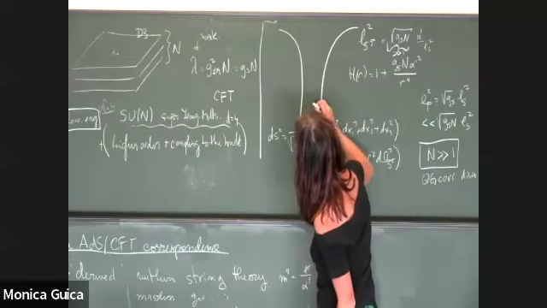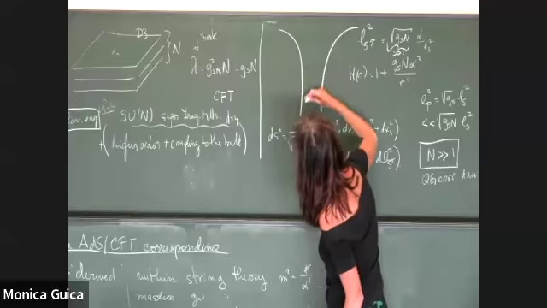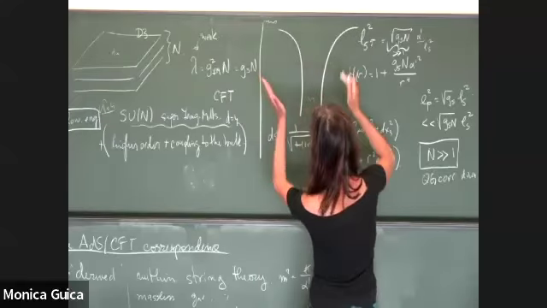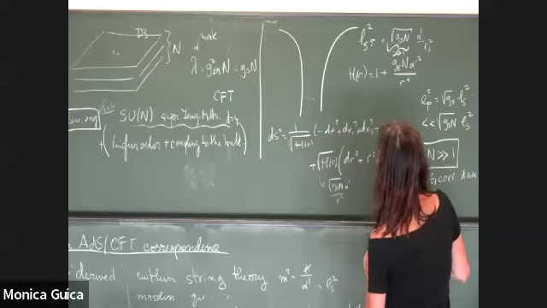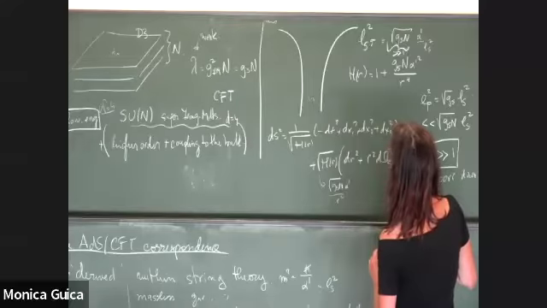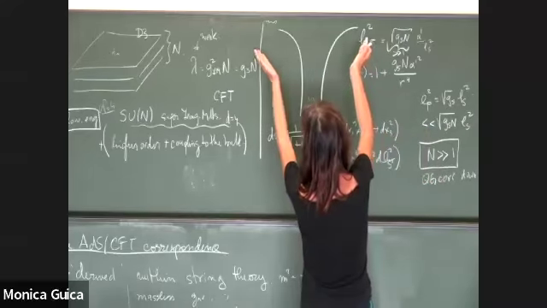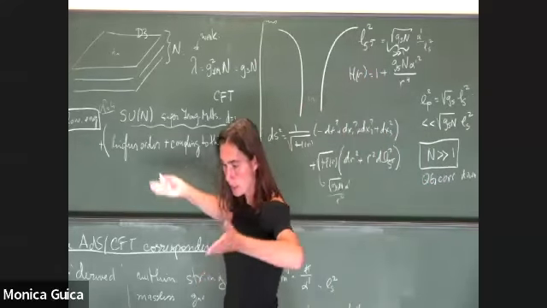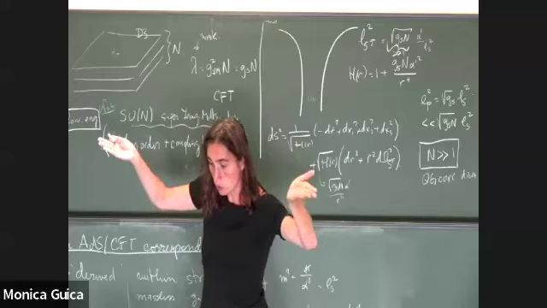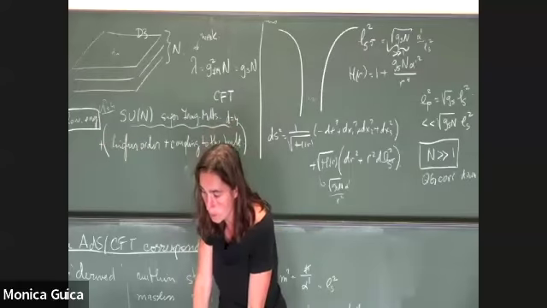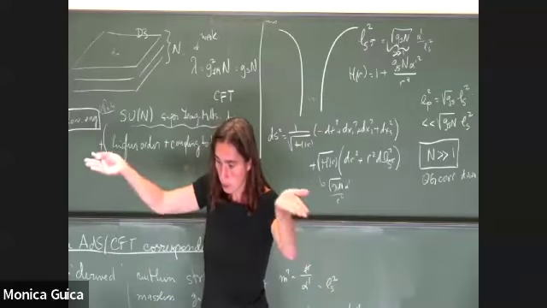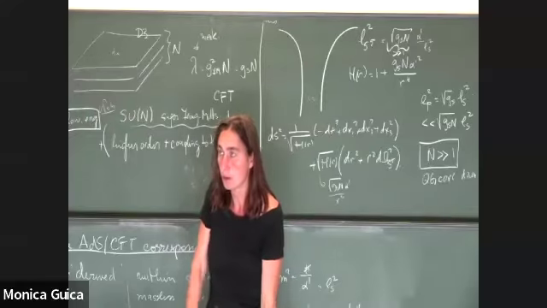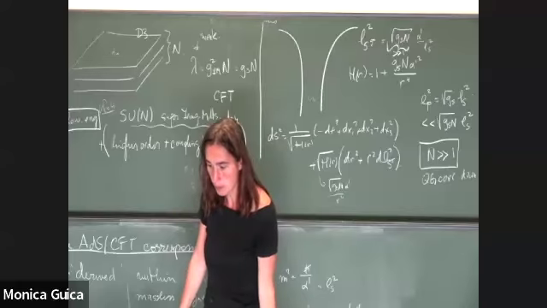And then I get contributions from objects that are some sort of extremal brane solutions. They're a bit like extremal black holes. So they have a very, very long throat. And down this throat, you have a very large redshift parameter.